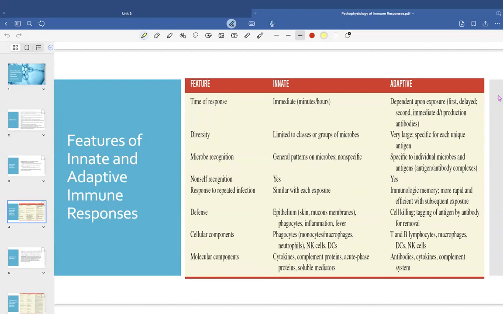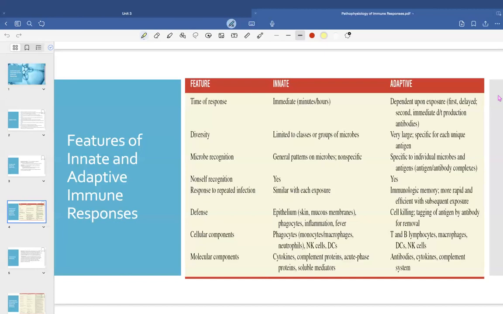They divide these in terms of your time of response. Again, innate is immediate. Your adaptive depends on the exposure. The first time, it's delayed. The second time, it's immediate because now it has memory and it can produce those antibodies, those IgGs, IgM.